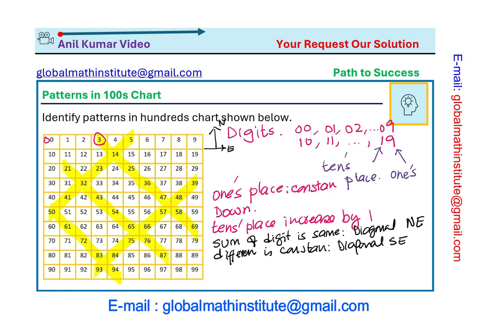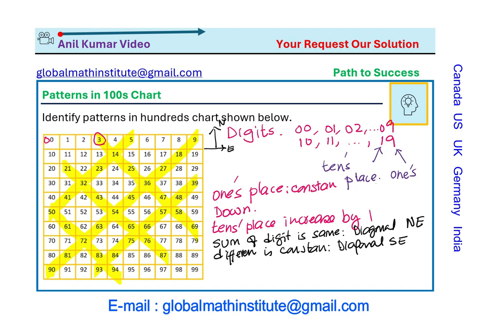We also saw there was one diagonal right at the center. Along this diagonal, we have the 9's times table. The sum of digits is 9 in this particular case: 1 plus 8 is 9, 2 plus 7 is 9, right? So from 90, we are going right and up, northeast.